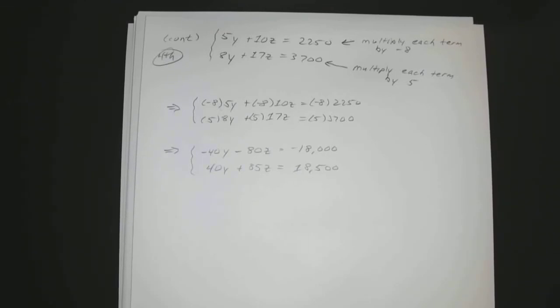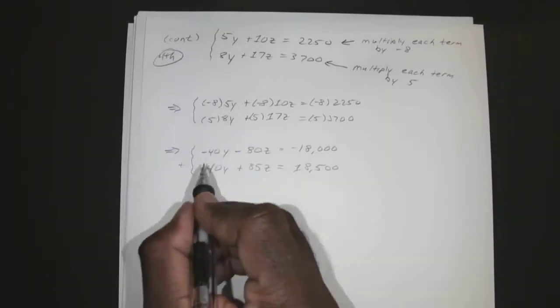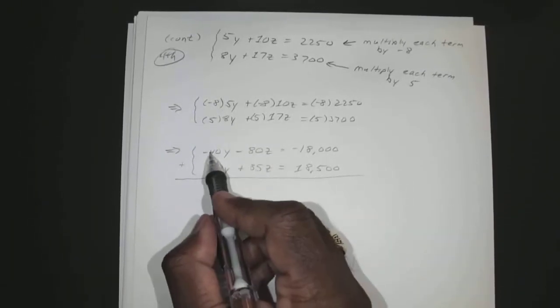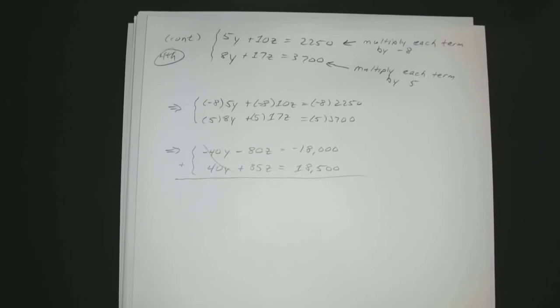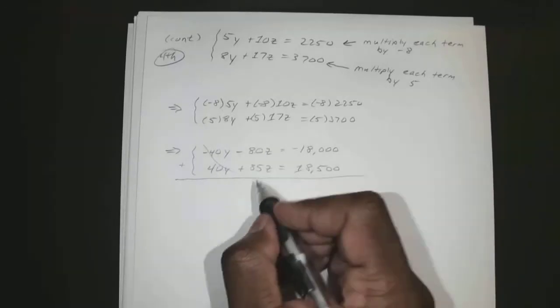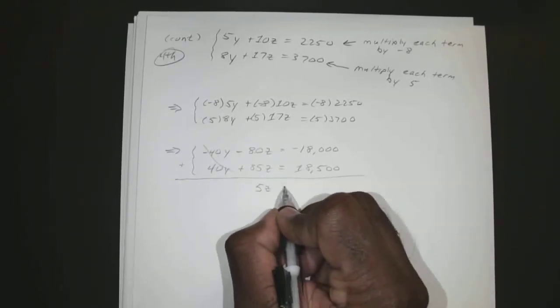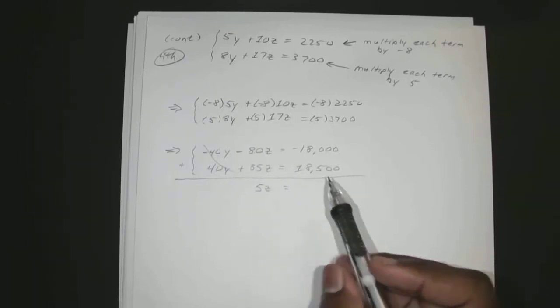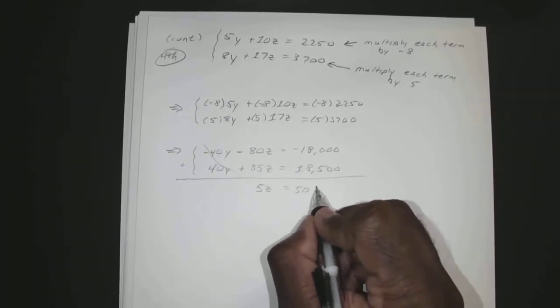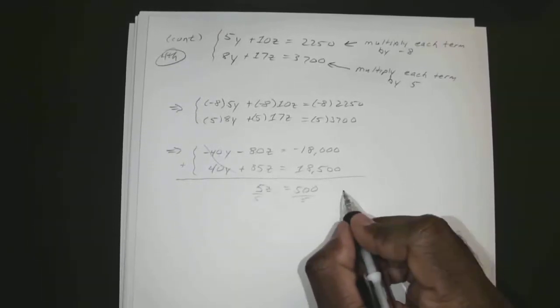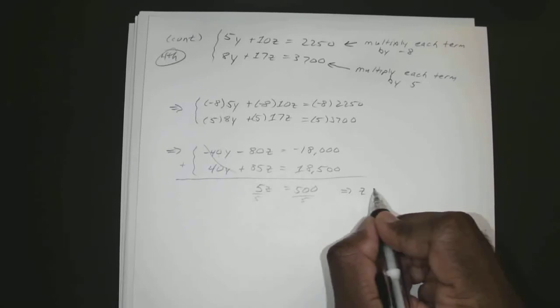Now if we add them together, the y would disappear. You have -40y and +40y, which disappears, just like we planned it. -80z plus 85z is 5z. -18,000 plus 18,500 is just 500. We divide both sides by 5, and we end up with z equals 100.